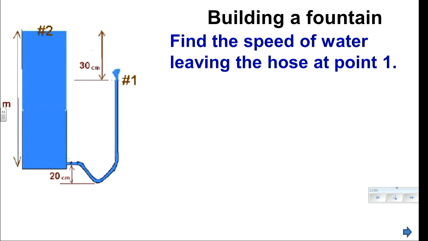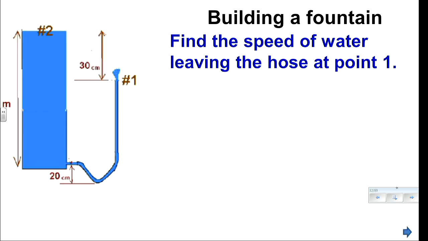Here, a very standard situation could have been a siphon, a fountain. You have a large tank or a bucket, a hose attached to it. You want to make water shoot up. And in this situation, we need to calculate how fast it will be leaving the hose.